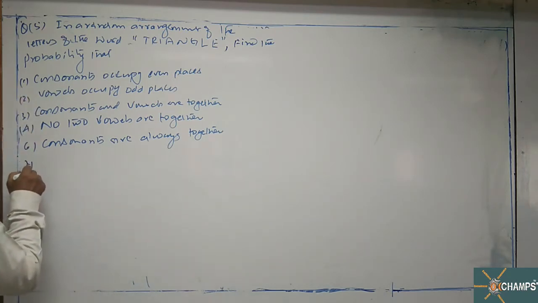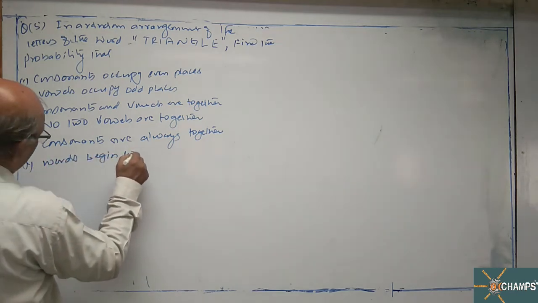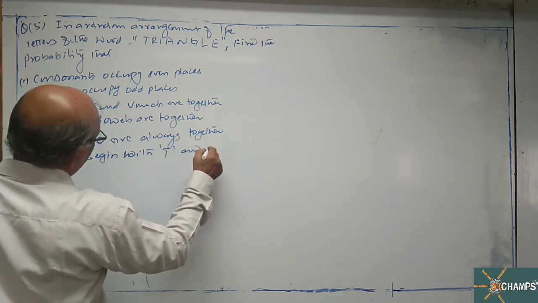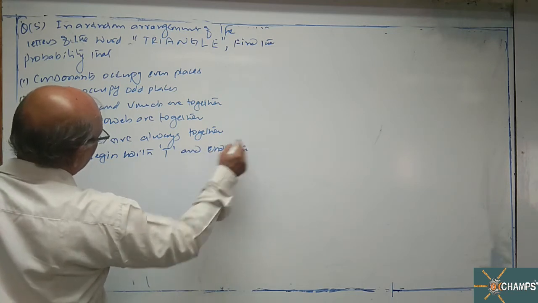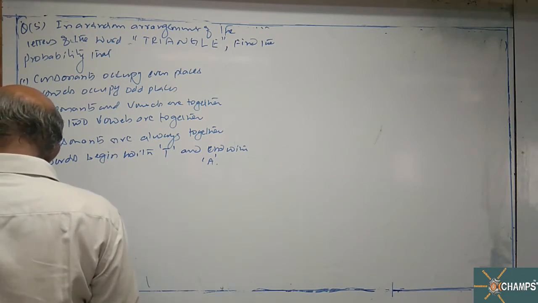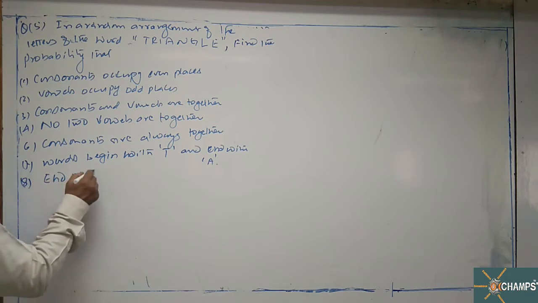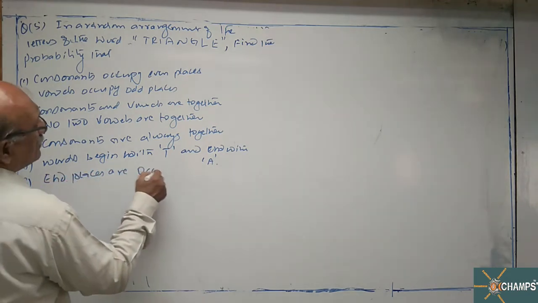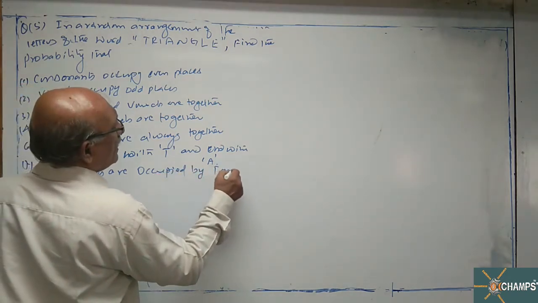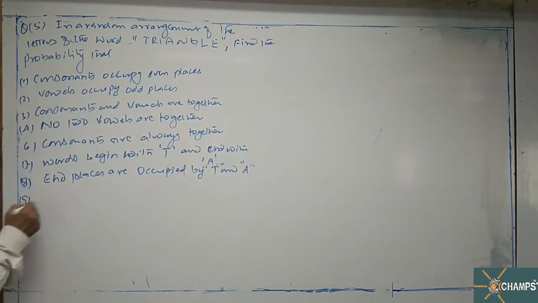Next. Words begin with T and end with A. Eighth question. End places are occupied by T and A. Ninth question.